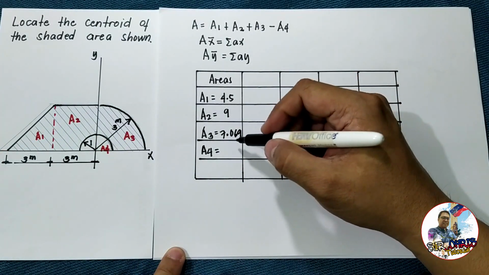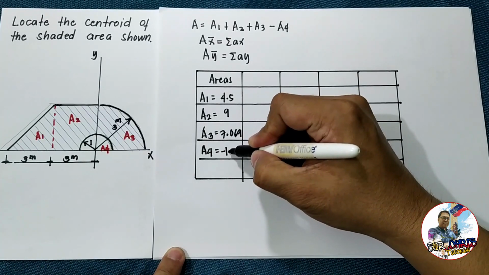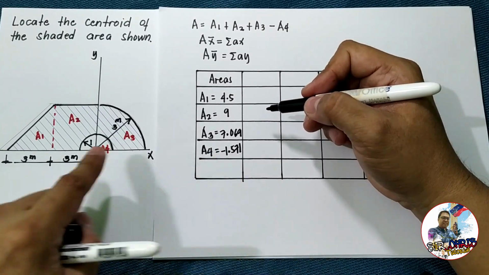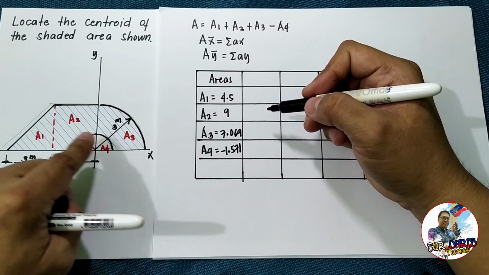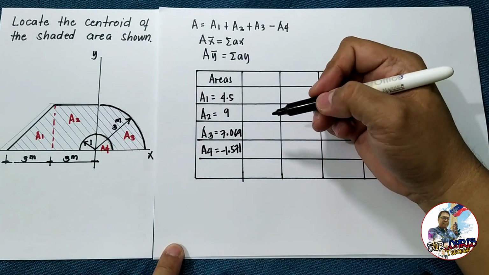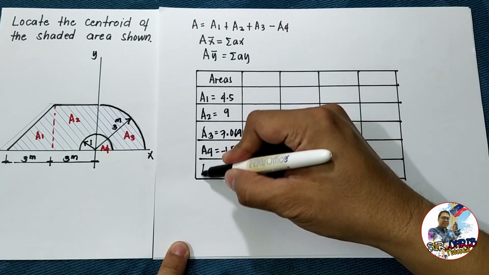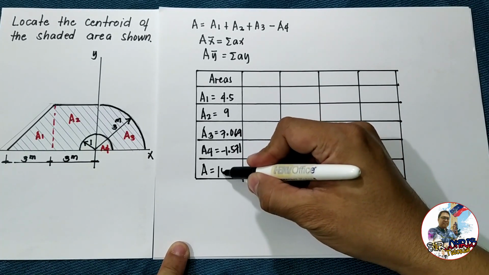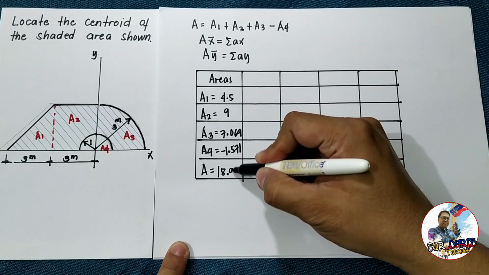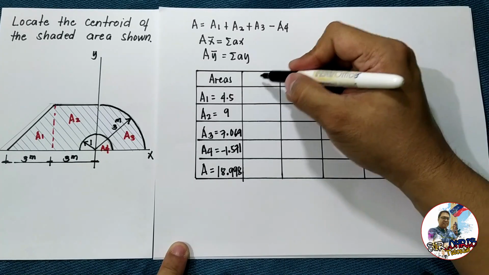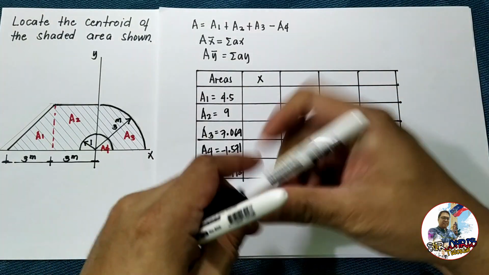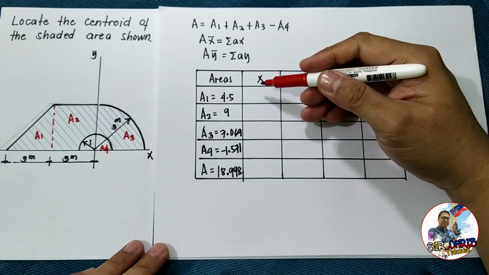So that would be negative 1.571. Why do we put a negative sign here? Because this is not actually included in the shaded area, so we have to subtract that. So for the total area, you just have to take the summation of these values, which equals 18.998.